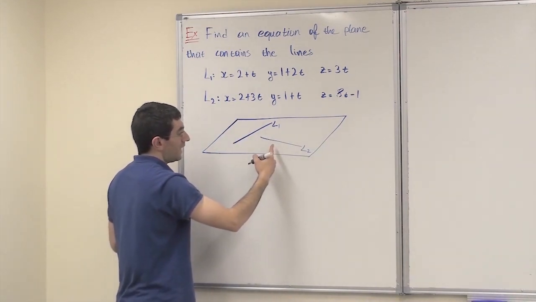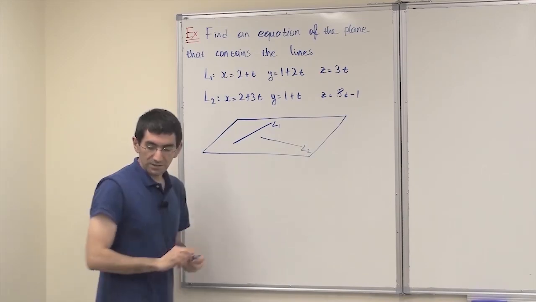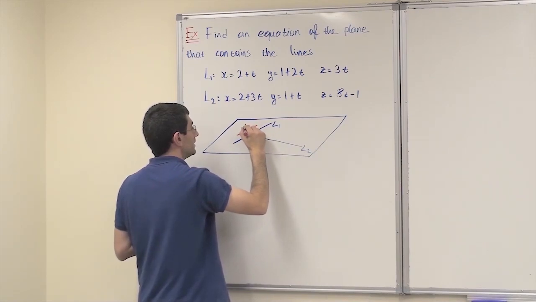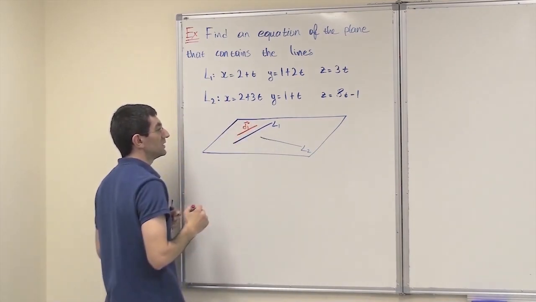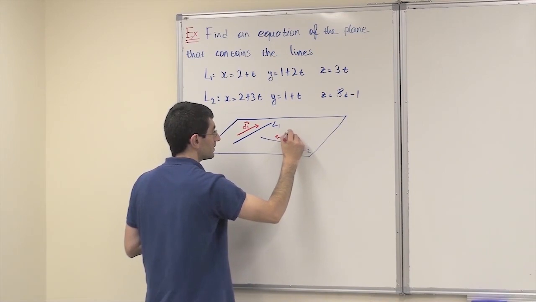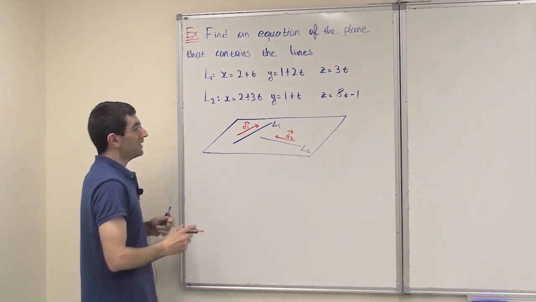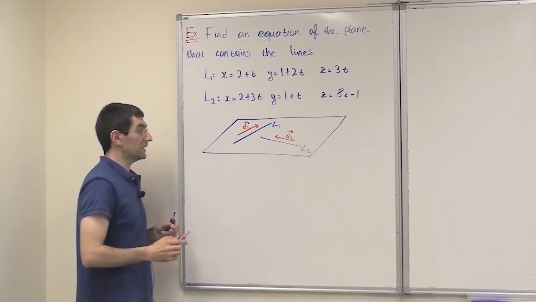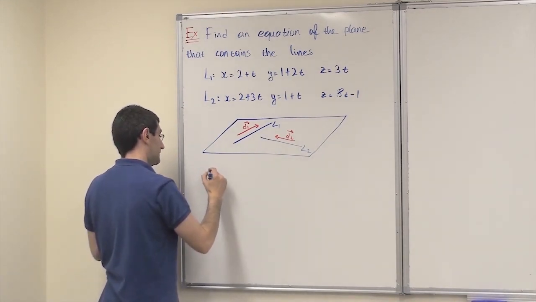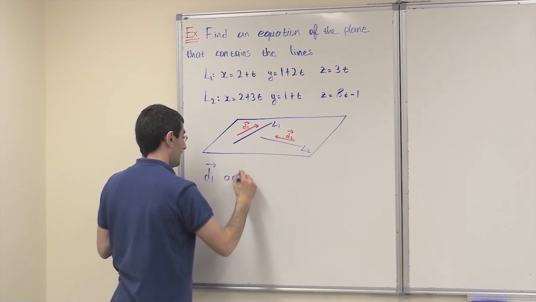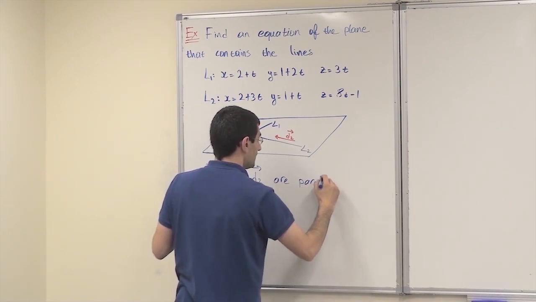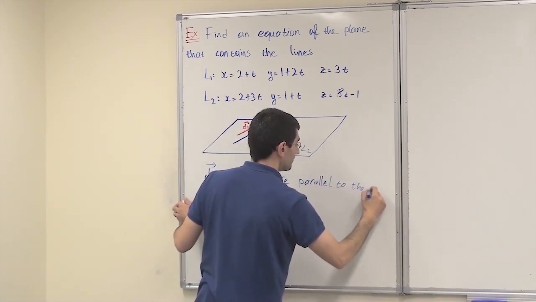Since these lines are on the plane, their direction vector, let's say D1, which is parallel to the line L1, and the direction vector of line L2, they are both parallel to the plane. So D1 and D2 are parallel to the plane.